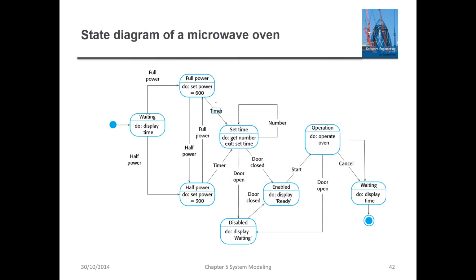So here, for example, is the state diagram of a microwave oven. It begins with a start and an end node. Here the first state is the microwave waiting. They wait for some food to be put inside. Here it has some action, for example, display time, and here an event, this event or function.